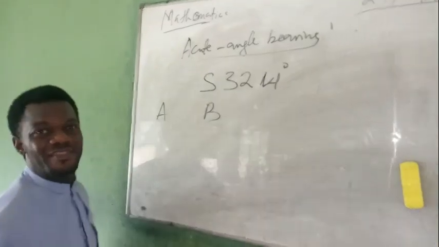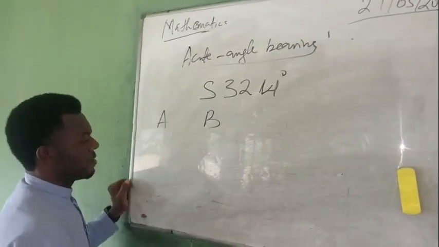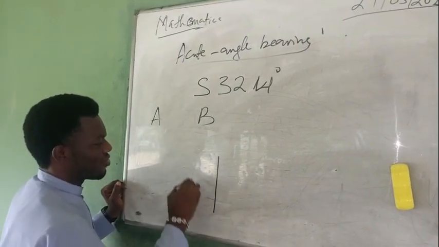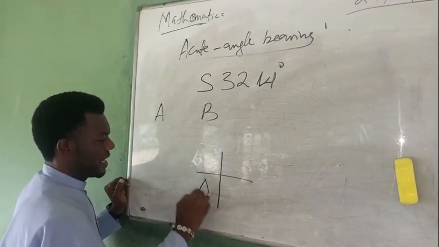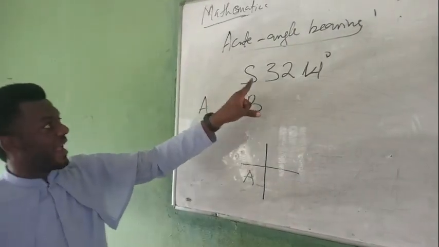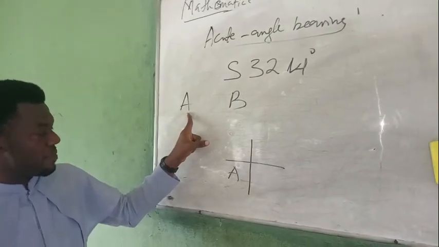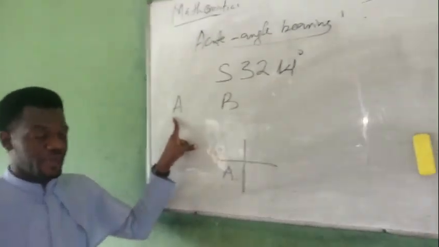How do you interpret that, and how do you draw it? From A, first of all, you draw the point A, because this x 32 west is from A. That is the direction of B from A.